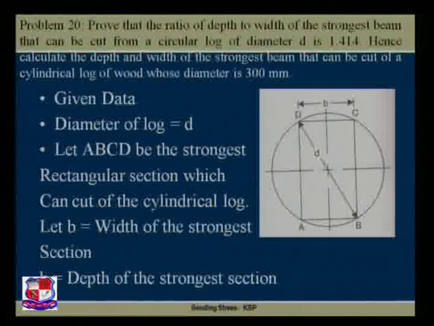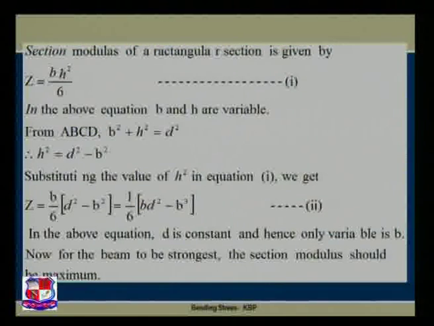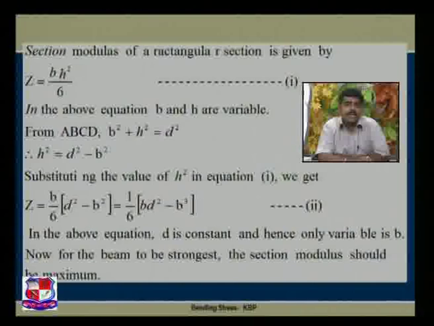Let B be the width of the strongest section, and H, instead of capital D, we are defining as the depth of the strongest section. Now, the section modulus of the rectangular section is given by BH square by 6.